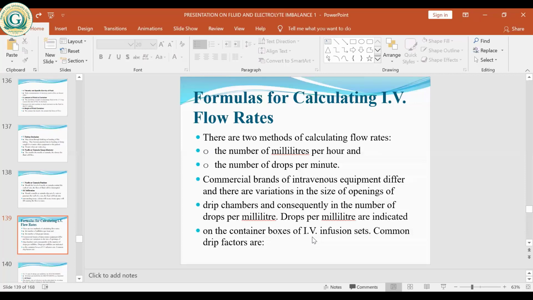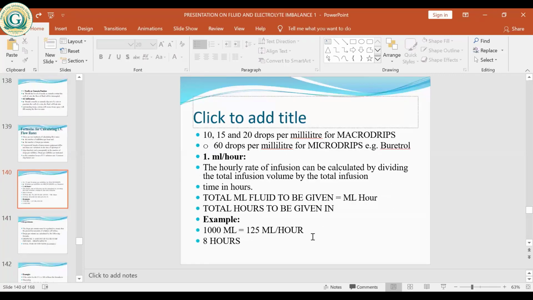So you go accordingly. Some have 10 written on it, others have 15, others have 20 drops per mil. Here we are not going to look at the micro drip sets.